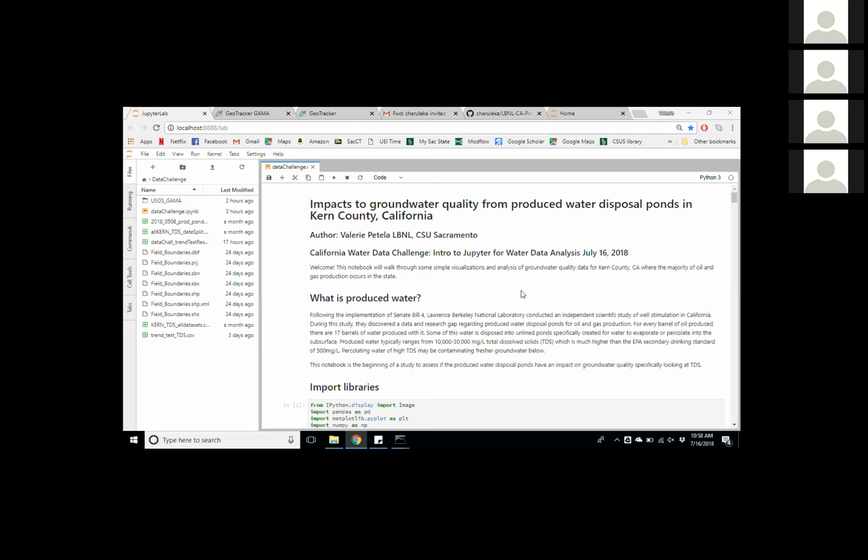This is bad because TDS can lead to health risks, which is why EPA has created a secondary drinking water standard for TDS at 500 milligrams per liter, and any groundwater under 10,000 milligrams per liter is protected as a possible source of drinking water in the future. The produced water from these oil and gas wells typically ranges between 10,000 and 30,000 milligrams per liter, but can be lower or higher depending on a variety of factors.